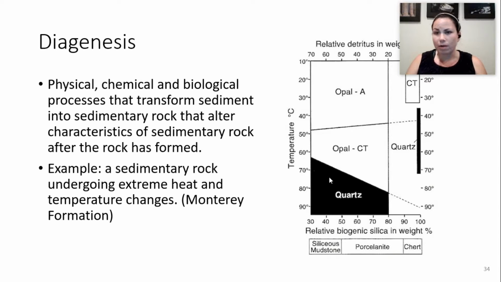An example is the Monterey Formation, which is very prevalent here in California. We're going to talk about that when we talk about petroleum systems, and how the Monterey Formation goes through diagenesis in relationship to how much silica it has. As it gets hotter with increased silica, the rock turns from opal A to opal CT to quartz. You don't really have to know too much about this, other than that diagenesis is a process that combines physical, chemical, and biological processes.